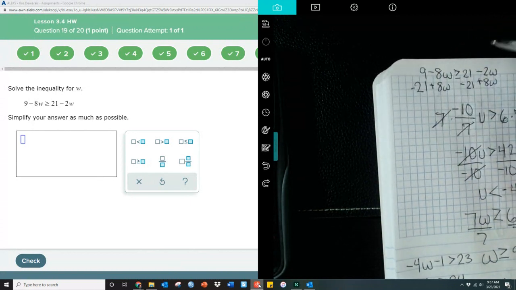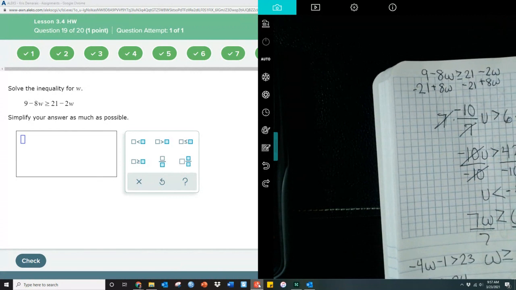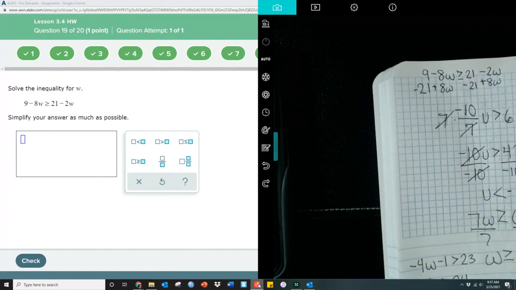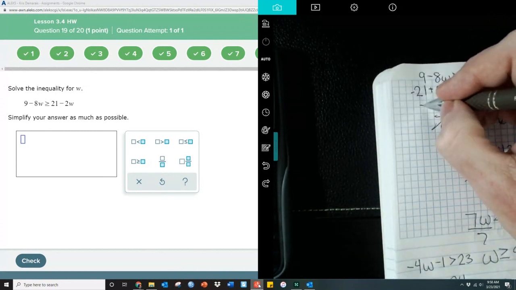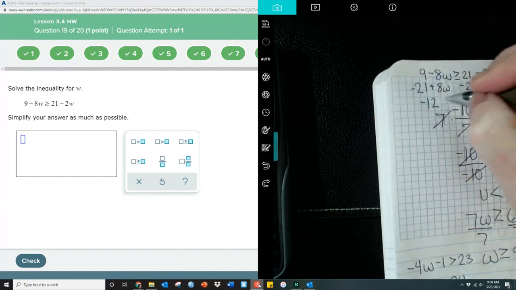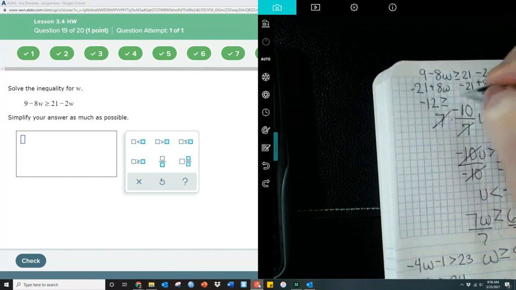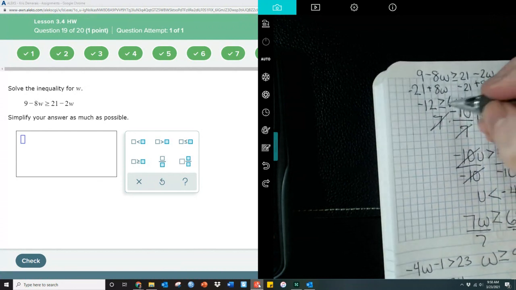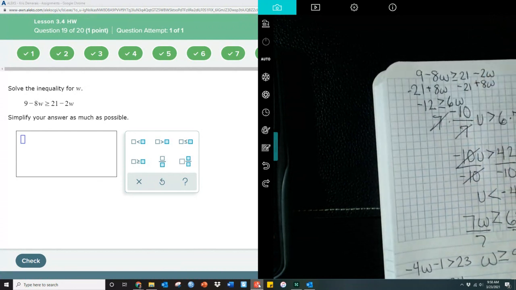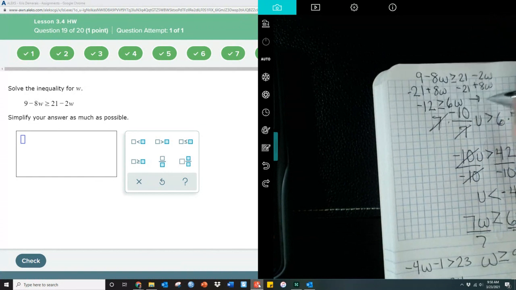Okay. So now, if I subtract 9 from 21, I get 12. So I'm going to get negative 12. And then I'm going to have this as 6w. Now I'm going to go ahead and divide both sides by 6. And then that leaves me with this.